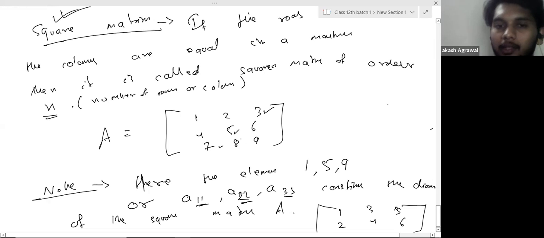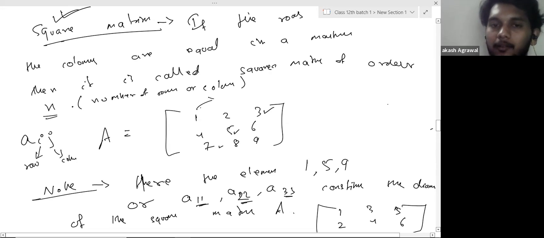All the diagonal elements where the row number and column number are equal. I forgot to tell you about this. The representation of elements we write as A, I, J, where I is row number, J is column number. So this will be first row, first column, A11. This is first row, second column, so A12. This is first row, third column, so A13.